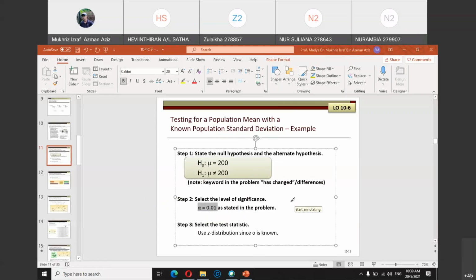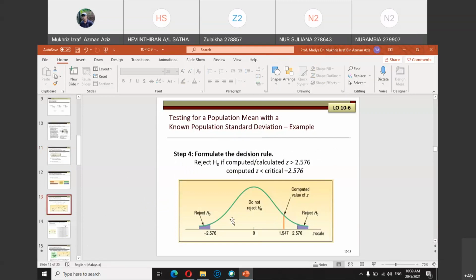So remember what is the critical value? Critical value is the dividing point for when you are going to reject or do not reject H0. In this problem, you have two critical values, one on the left, one on the right, one positive, one negative, because you are doing a two-tail test.